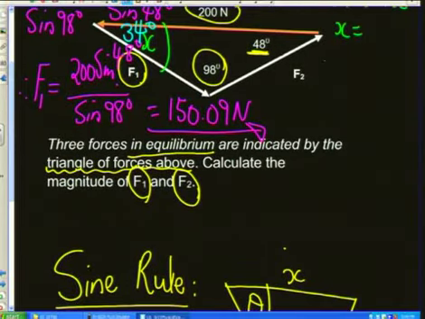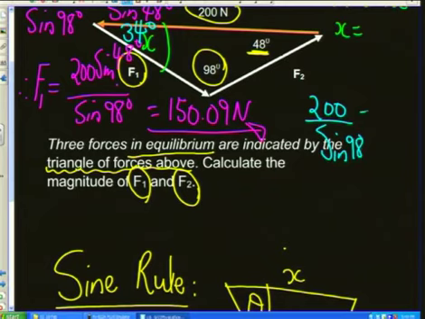I can say that, go back to what is given to me. 200 over sine 98 will be equal to F2 over sine 34. So I have that.